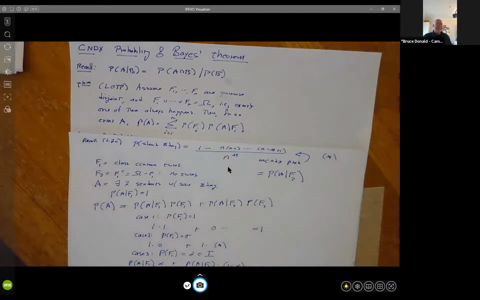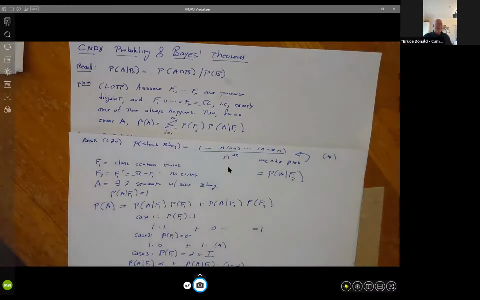Any ideas? Is it empty because a class can't contain... So let's go back to the definitions. So F1 is the event the class contains twins, and A is the event there exist two students with the same birthday. So what are we asking when we construct the event F1 and not A, or F1 minus A?